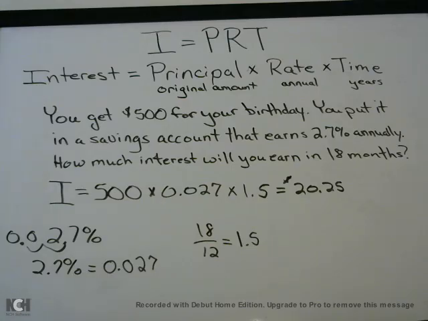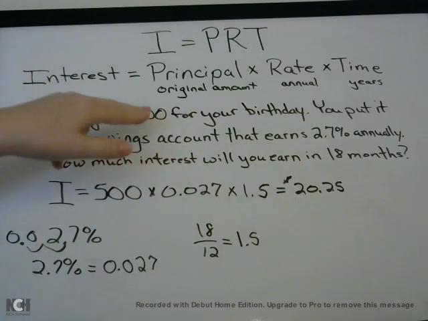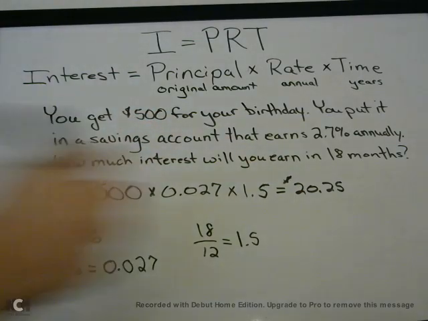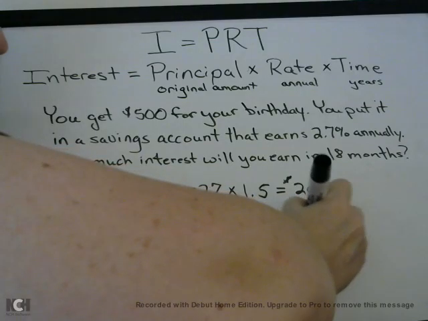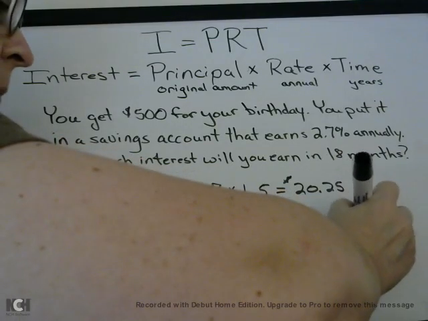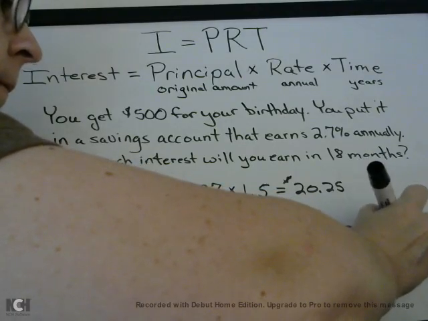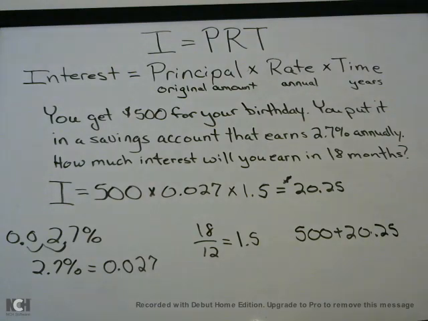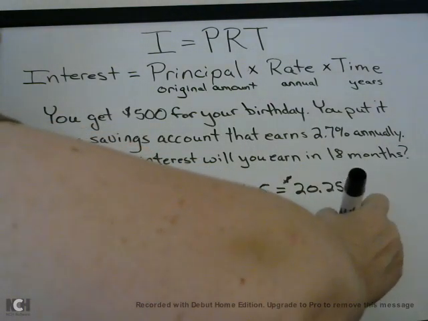Now, if they ask you how much is in your bank account at the end of that 18 months, then you have your interest, but you also have your original 500. That's not what this question is asking, but if they would ask you that, the total would be 500 plus 20.25.